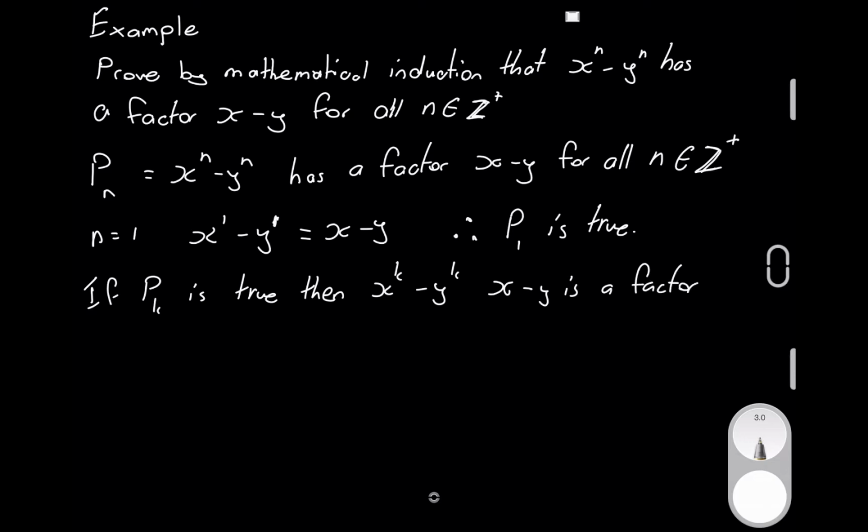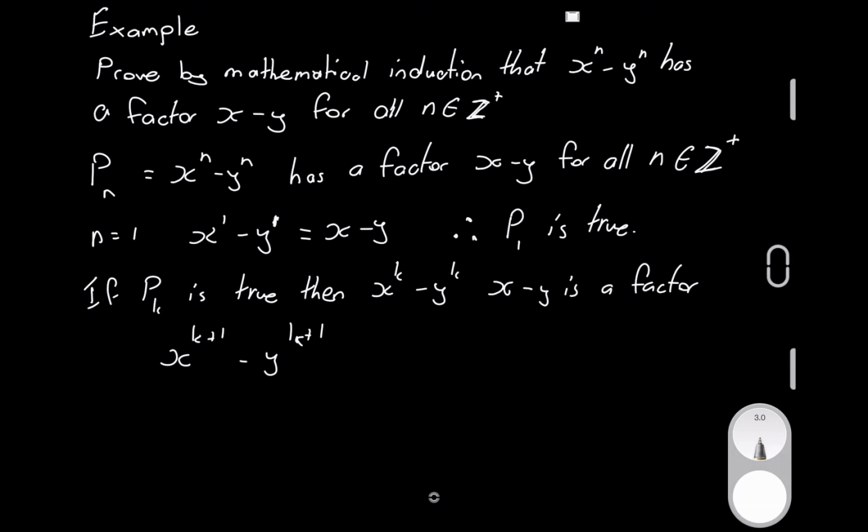So how are we going to do this? We're going to go x to the power of k plus 1, remembering what I mentioned before, if proposition k plus 1 is true whenever proposition k is true, so we're going to use that part of it. So x to the power of k plus 1 minus y to the power of k plus 1.